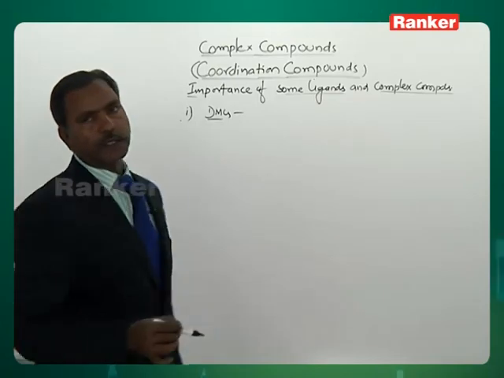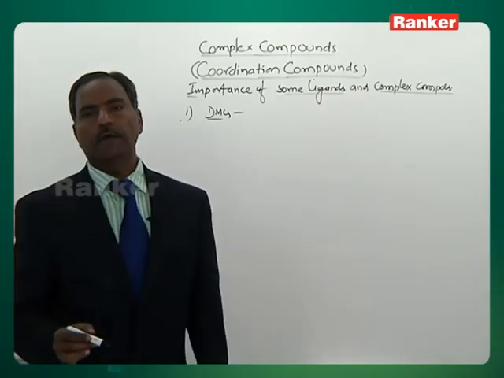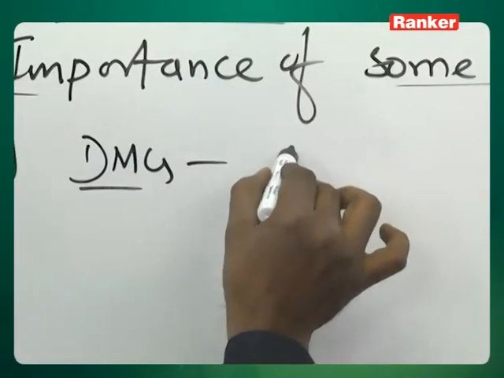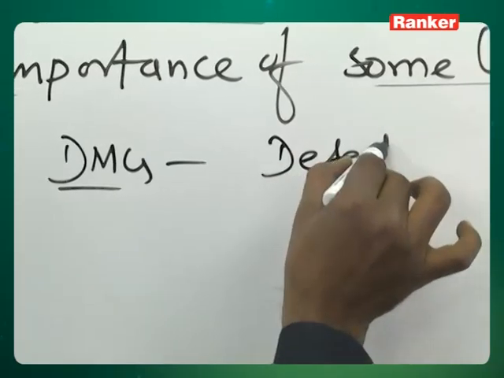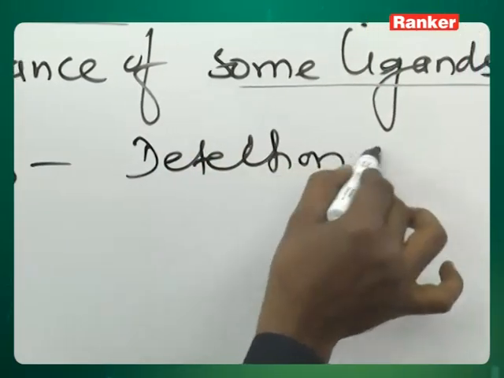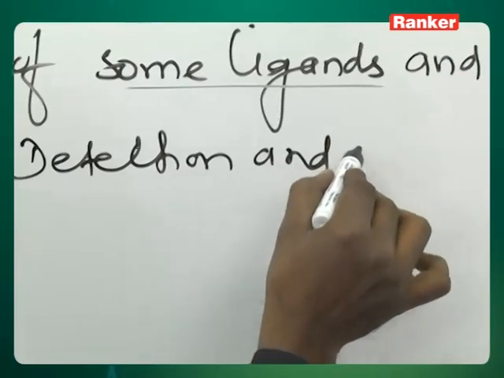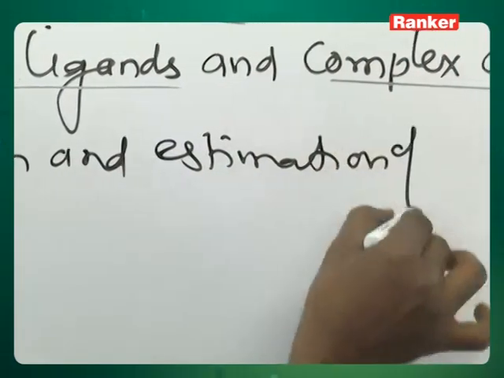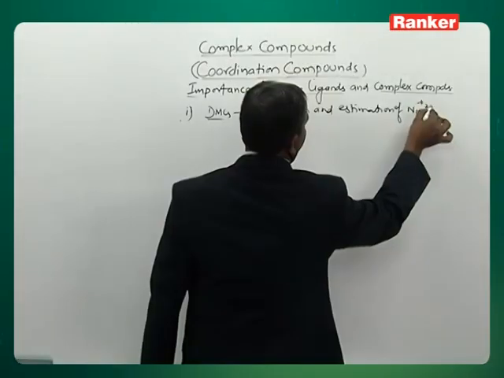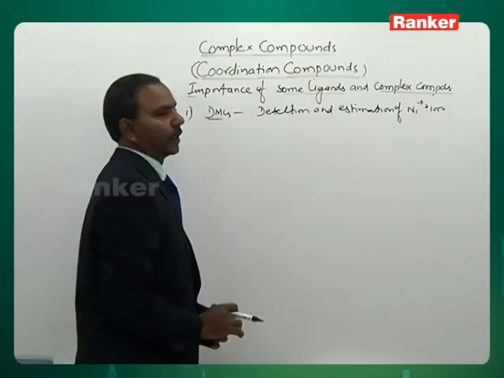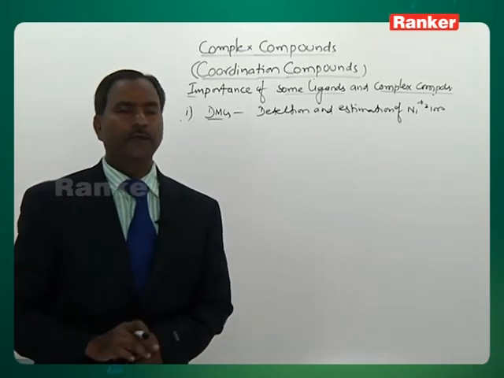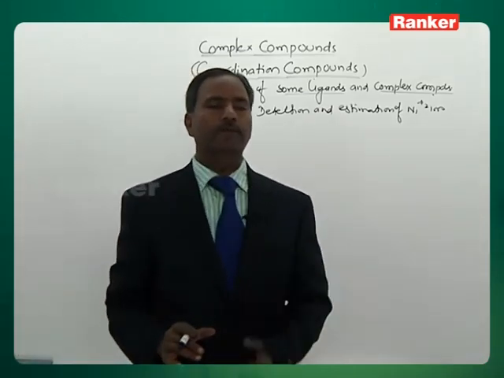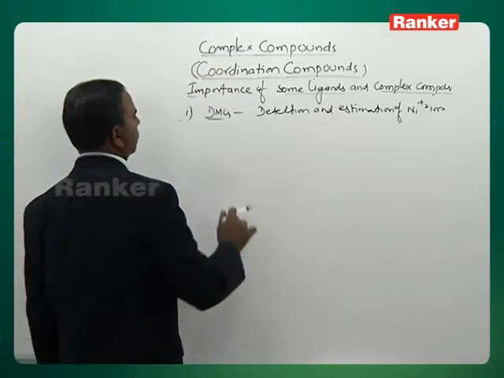DMG is generally used in the detection and estimation of nickel plus 2 ion in practical chemistry.